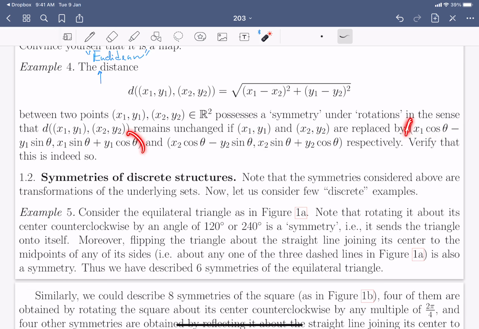The distance between (x1, y1) and (x2, y2) is the same as the distance between the points marked using this red color. So please verify that this is actually the case.